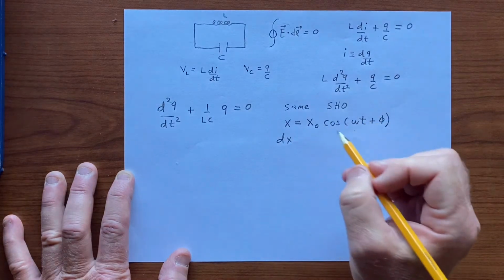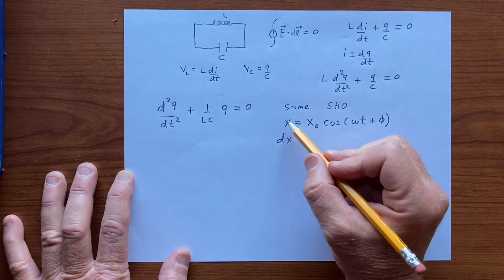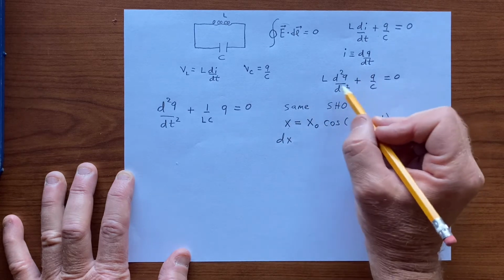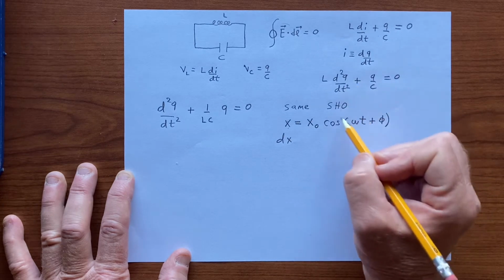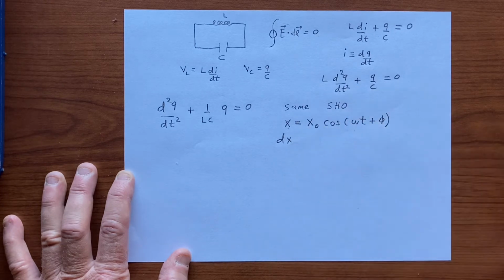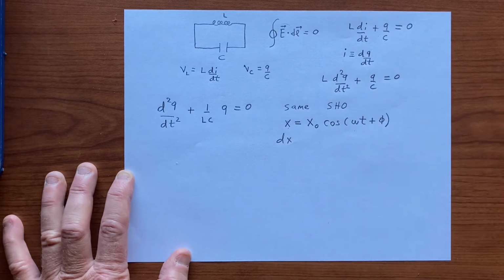We want to show that if I take two time derivatives of this, I'll end up with an equation that looks exactly like that, and therefore that the solution to Q has to be similar to the X solution. So charge and position are analogous. That's what we want to show.